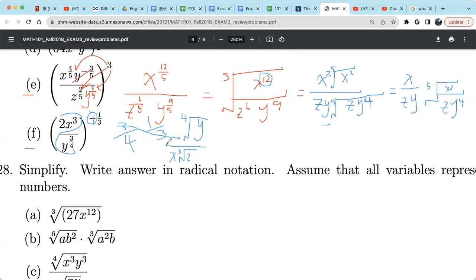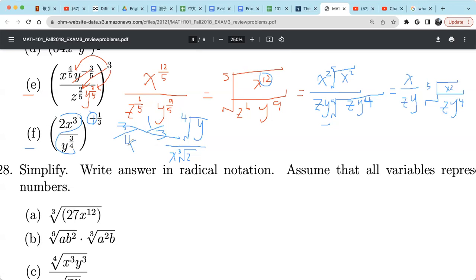So we deal with the negative sign first: flip the numerator and denominator. y raised by 3 over 4 becomes the numerator now, then raised by 1/3 again. So we multiply 3/4 and 1/3 and get y raised by 1/4, which is the 4th root of y.